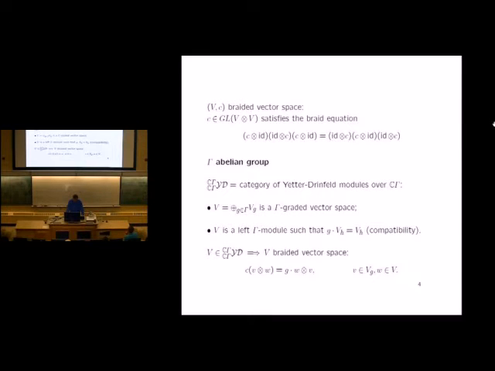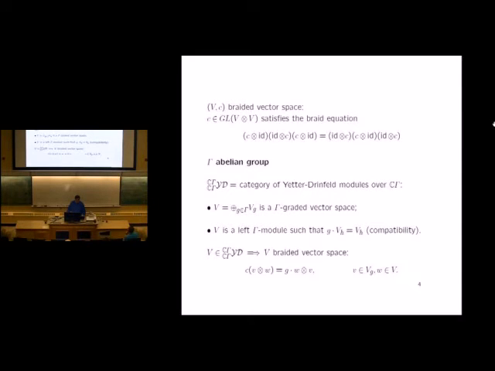And a way to find solutions to the braid equation, essentially due to Drinfeld, is to look at the category of Yetter-Drinfeld modules over any Hopf algebra. In this context, I will only consider Yetter-Drinfeld modules over the group algebra of an abelian group.